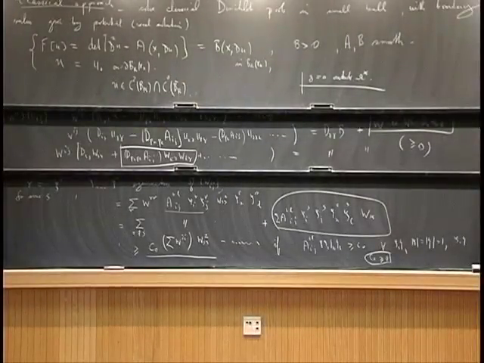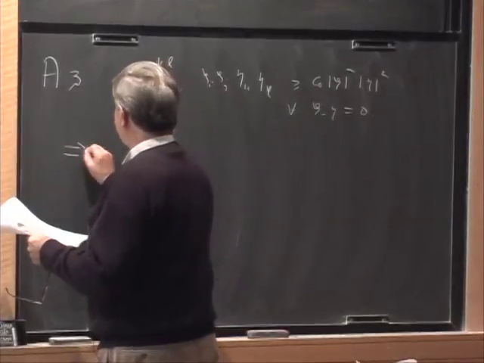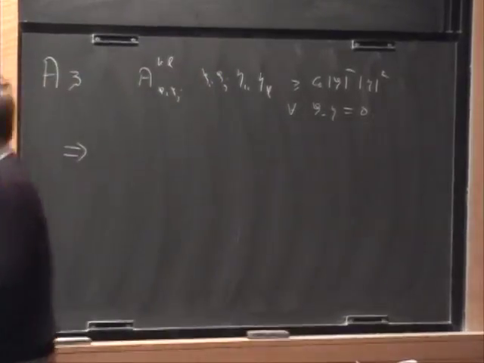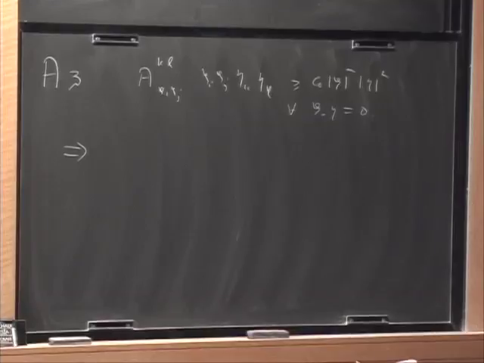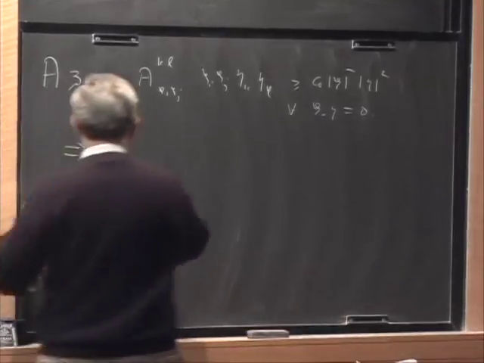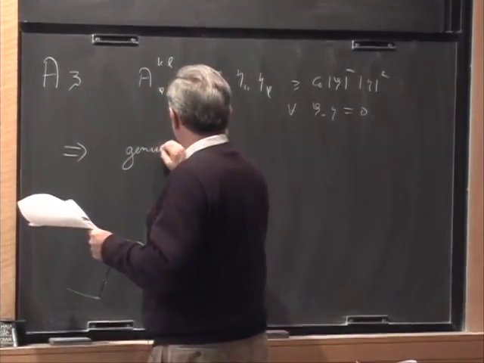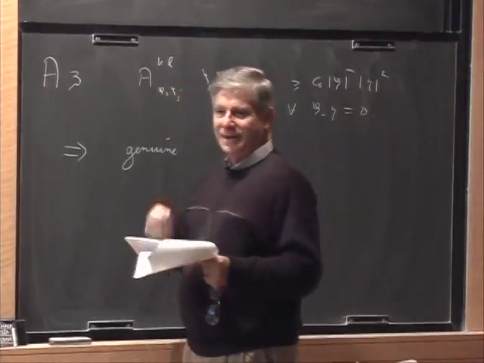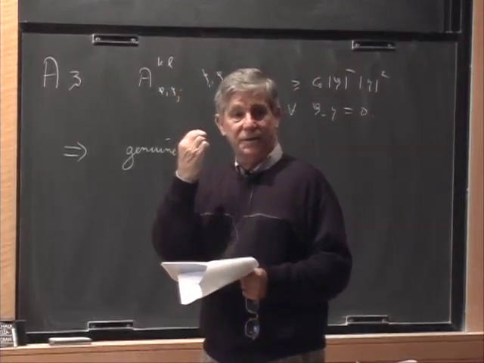Okay, so we assume this A3, and once you do this, it's pretty quick. You have a genuine interior estimate. It's an estimate that only depends on local behavior near a point.